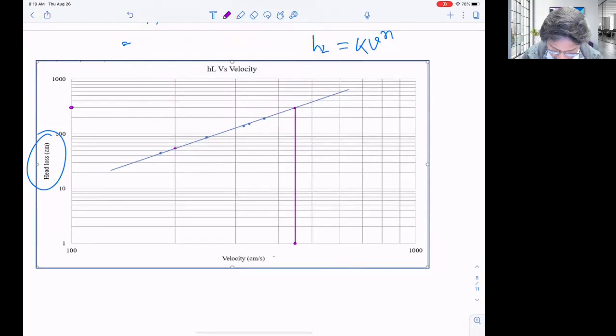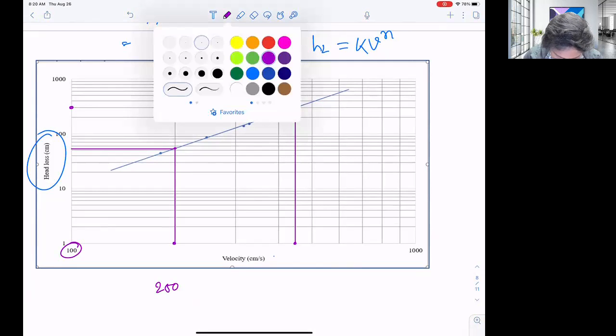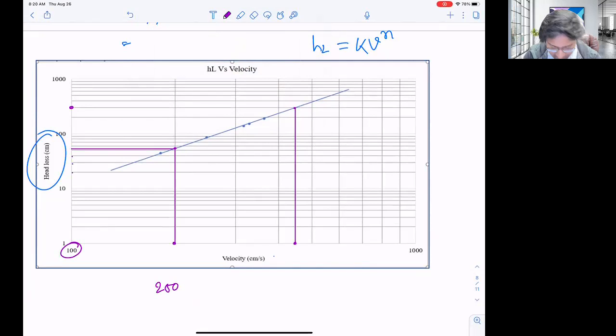The first point is 100, so that will be 200, and the corresponding value of head loss is 52.